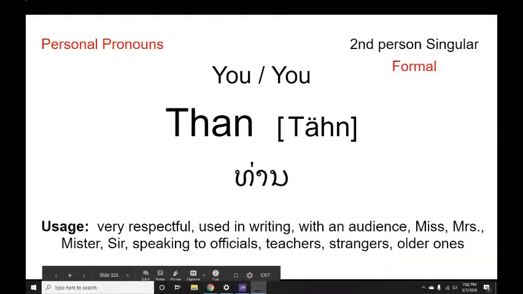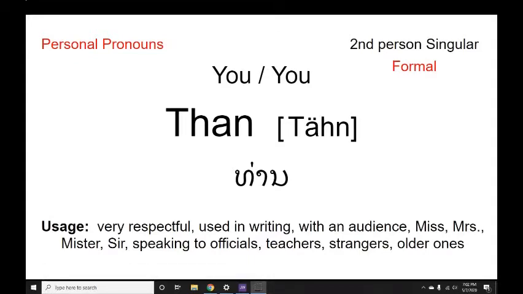Okay. Now here is the very respectful way of referring to the person as you. This is also how you refer to a person if they are listening to you as an audience, or a teacher, a stranger, older person.